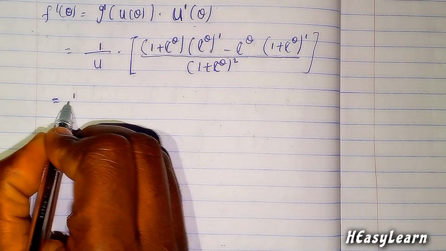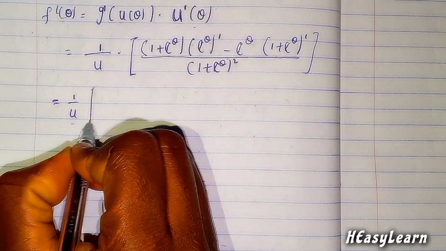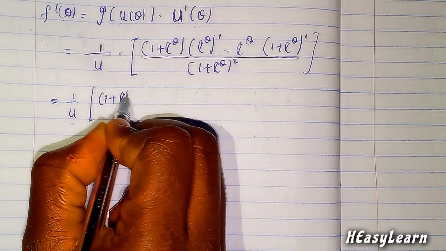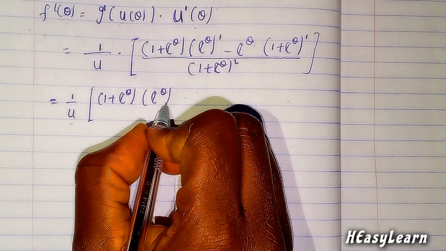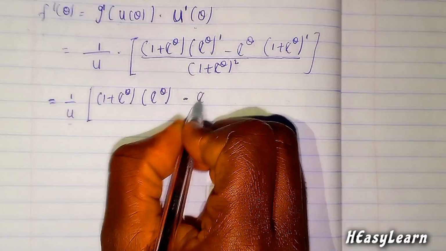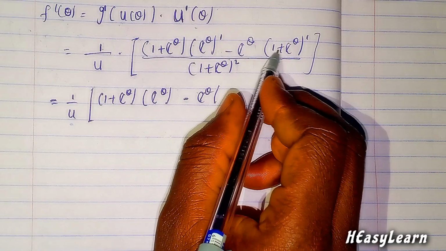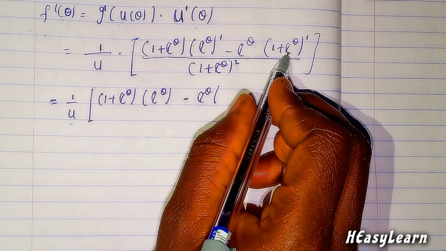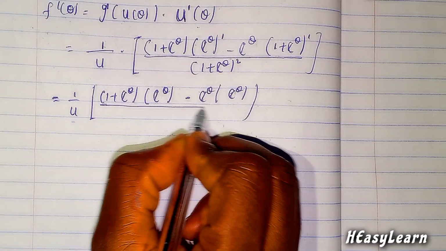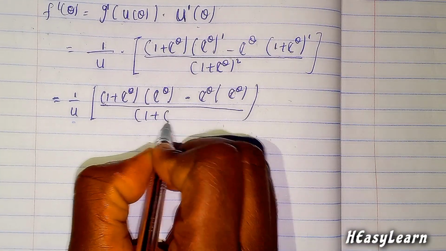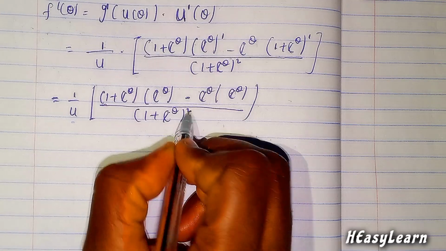This is the same thing as 1 over u, 1 plus exponential theta. What is the differential of exponential theta? It is exponential theta minus exponential theta. The derivative of 1 is 0. The derivative of exponential theta is exponential theta. Divide by 1 plus exponential theta all squared.